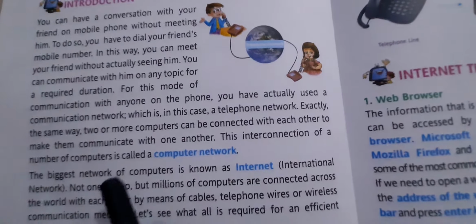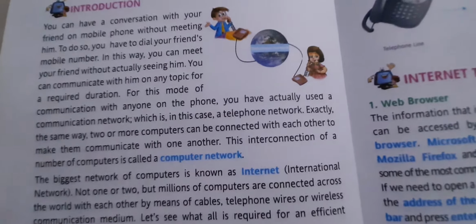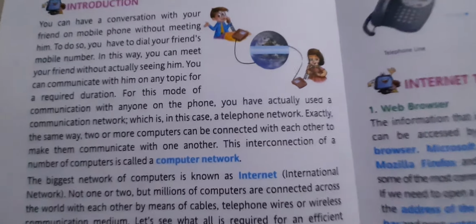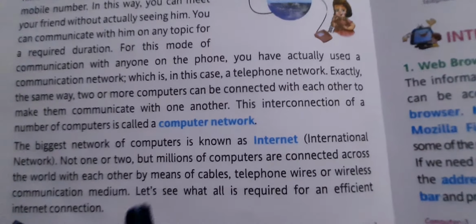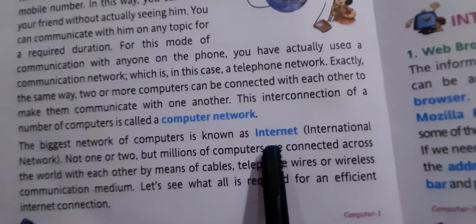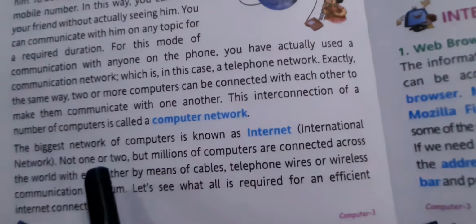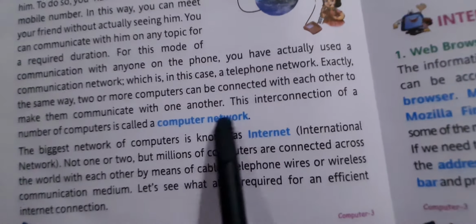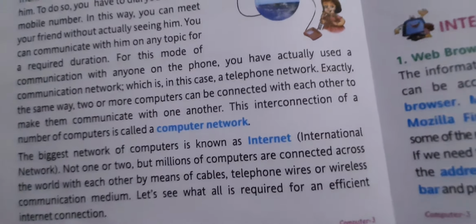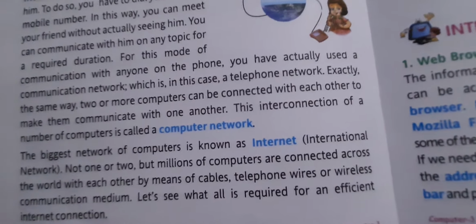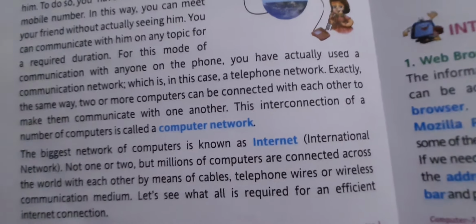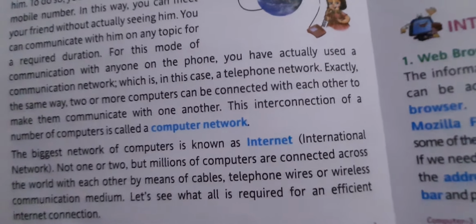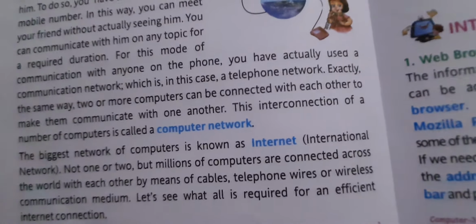This interconnection of a number of computers is called a computer network. So when many computers are connected, that network is called a computer network. The biggest network of computers is known as the internet, means international network. This is the biggest network of computers, because when we talk about a computer network, children, it can be within a room, like you must have seen in your computer lab, or it can be within an organization, like in railways, or let's say a school, or in malls.